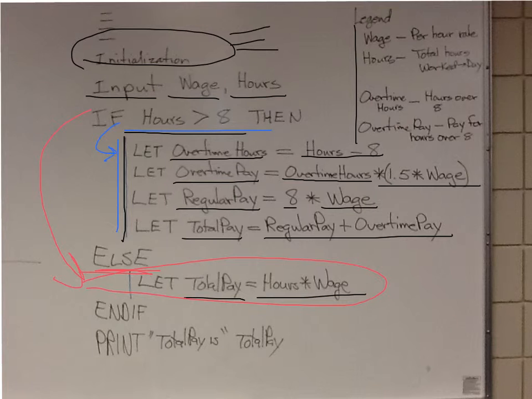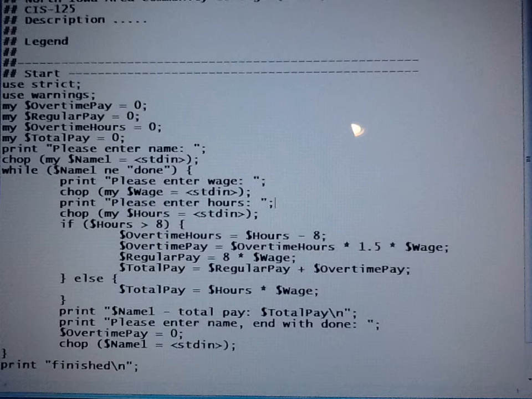And it doesn't make a difference if it goes to this set or how much is there. When it's all done, it comes back to the end if we print out the total pay. Up here we have the legend explaining what each. And then here's a little bit of code.